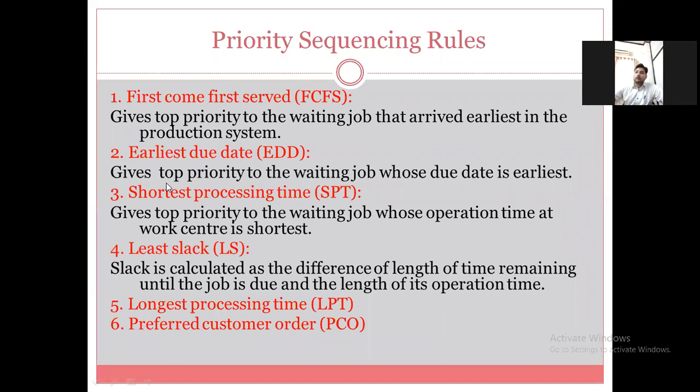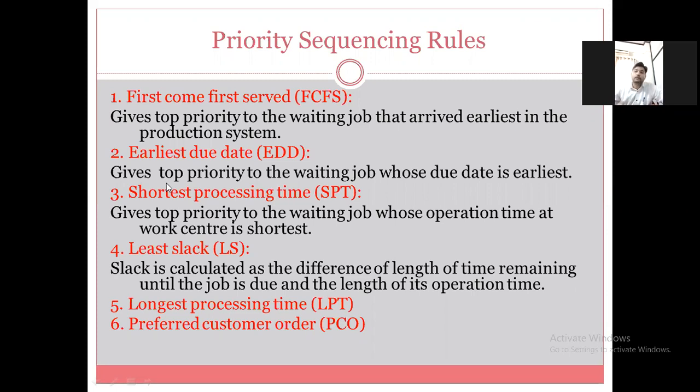So the due date for the first job is 2 days, and within 2 days I need to deliver that particular product to the customer. So the highest priority in this case will be provided to the job which has the earliest due date.